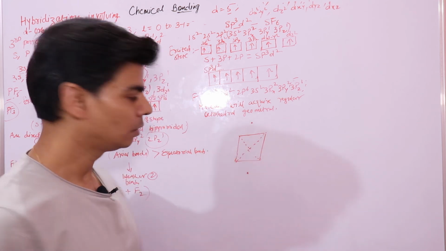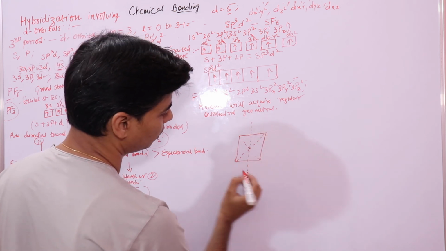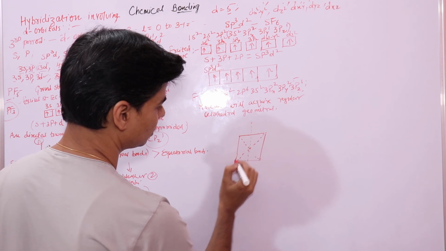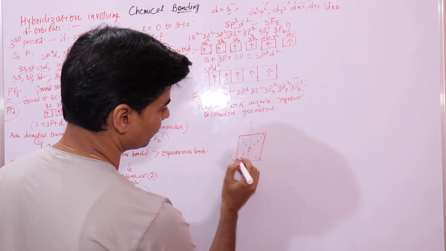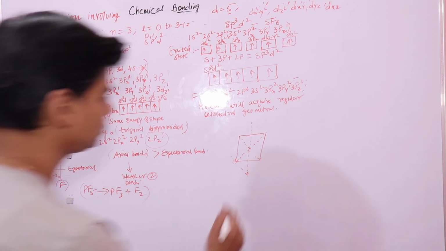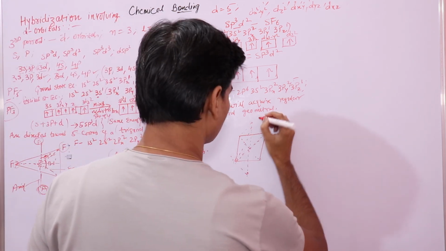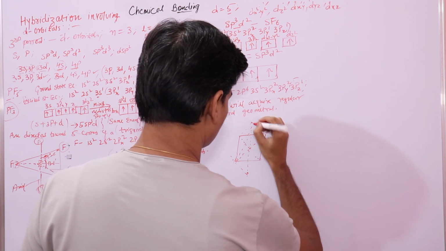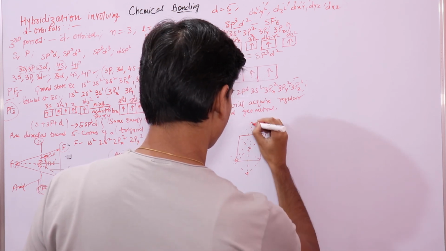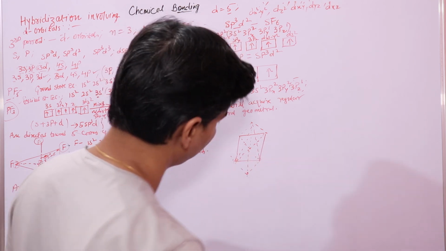And 1 would be above the plane and 1 would be below the plane. This is how it will look. You can join it like this. This is how it looks.